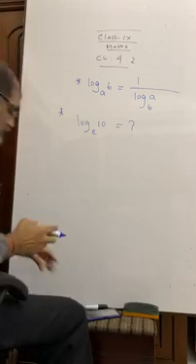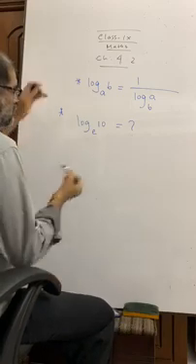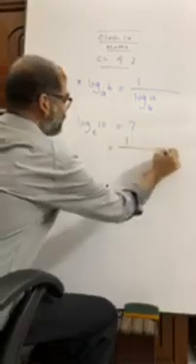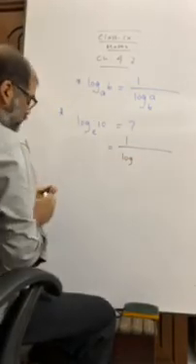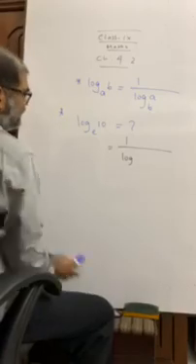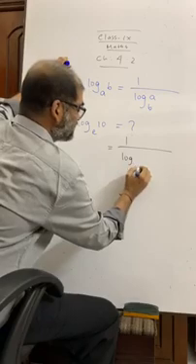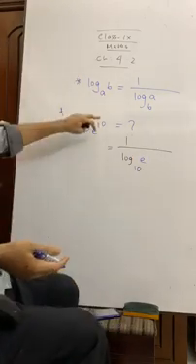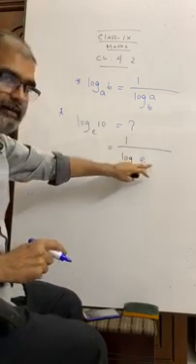Okay, what should be done here? It is equal to, as I told you, log, what is to be written here? You see, this 10 and e will be interchanged. Log e base 10 is log 10 base e, right?